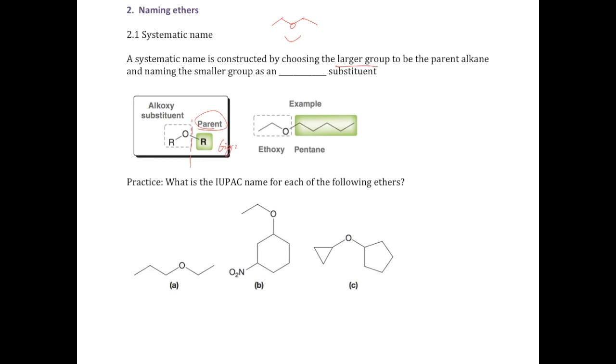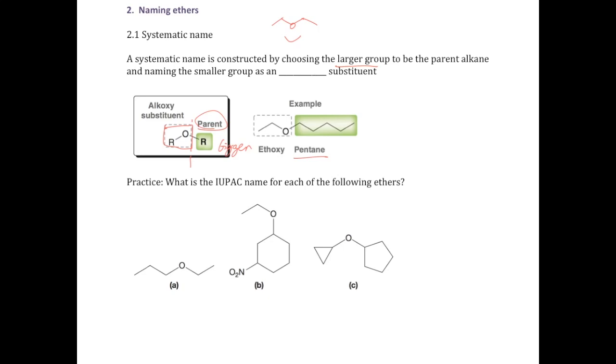And then the other part, we can call it alkoxy. So an example here is in this ether, the alkyl group to the right is bigger, so it's treated as parent pentane, and on the left side it was ethyl, so we change it to ethoxy.